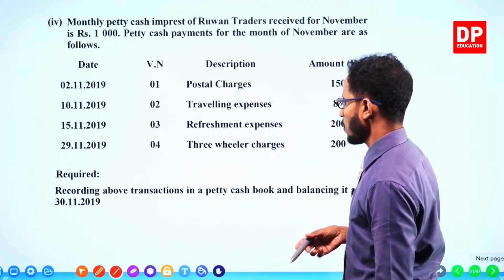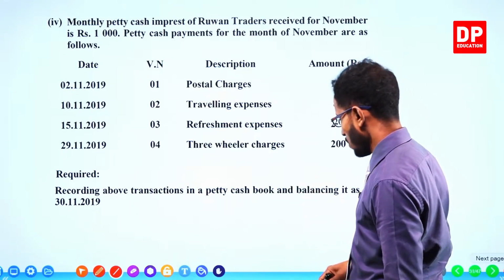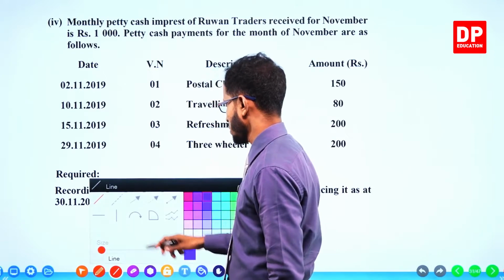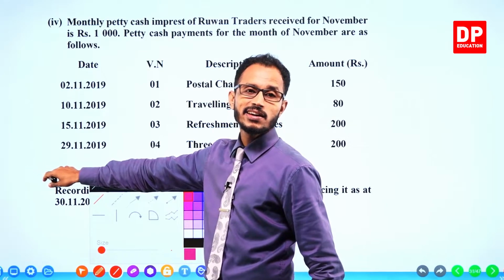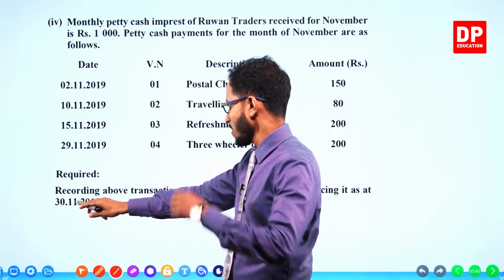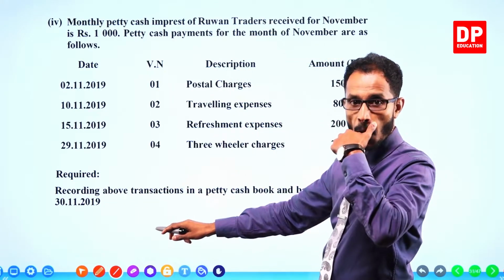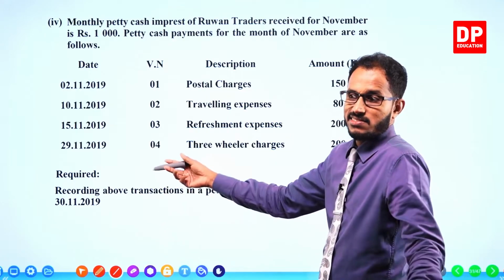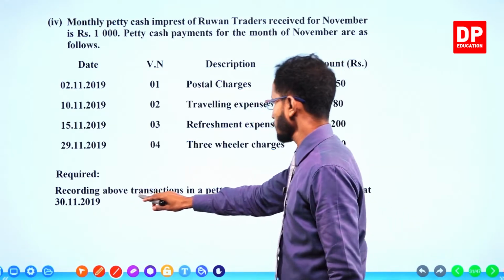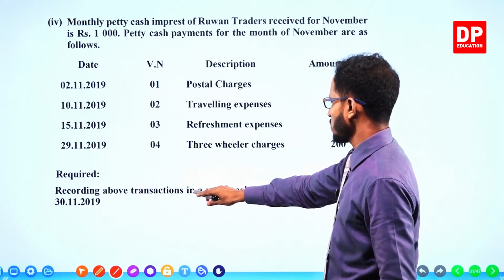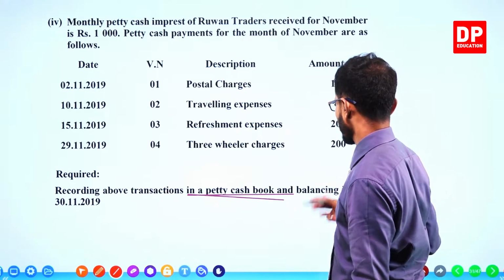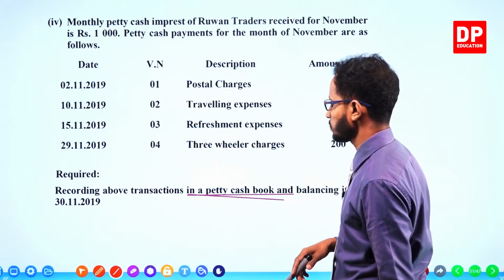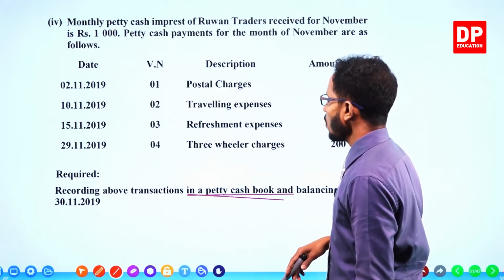Recording the above transactions in a petty cash book and balancing it. Oh yeah, that's an easy thing. That's a simple thing. We have to draw a petty cash book. All right, let's do it.